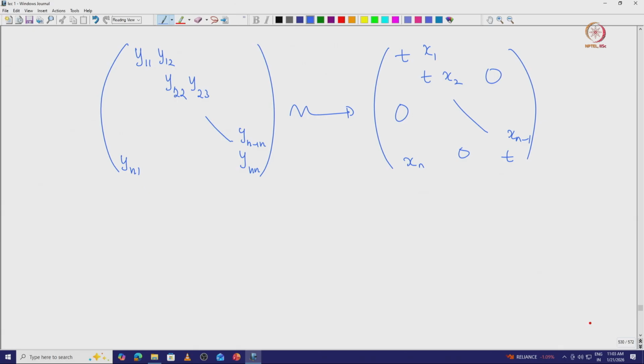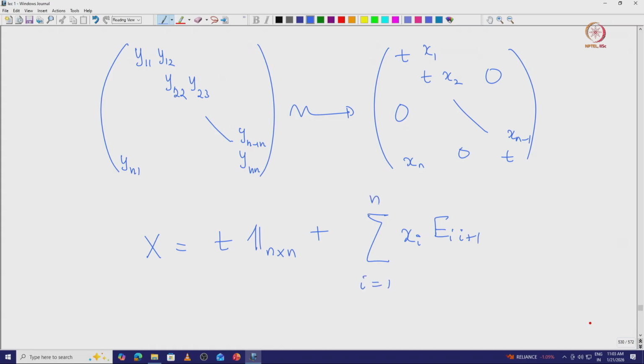So, now if you write in terms of the elementary matrices, this X is given explicitly as follows. You take t times the identity matrix plus the sum over x_i times e_{i,i+1}, where i ranges from 1 to n.